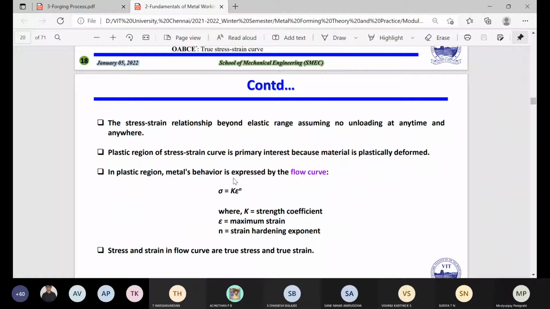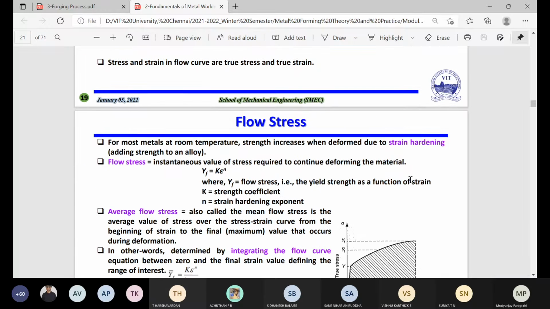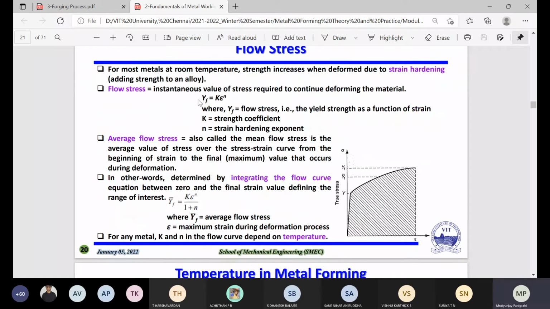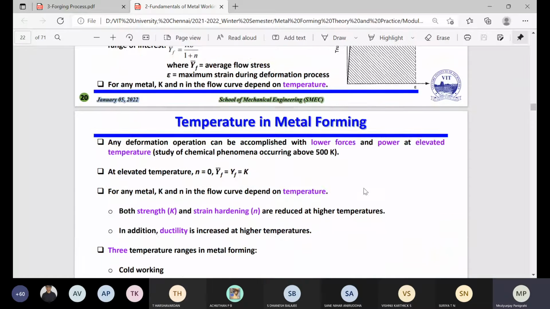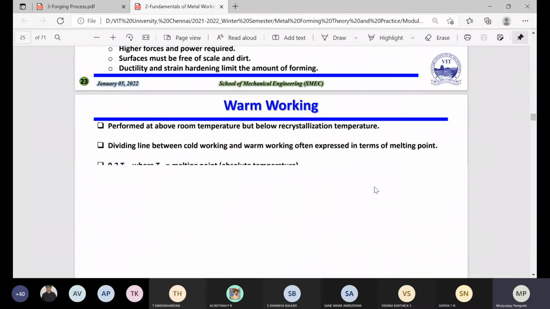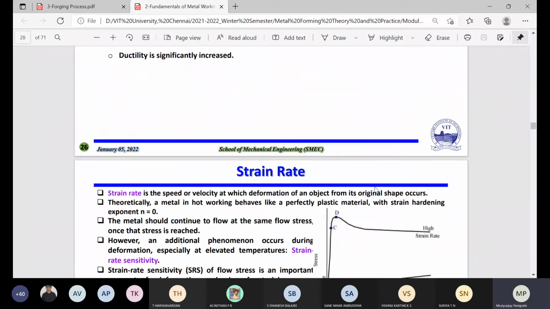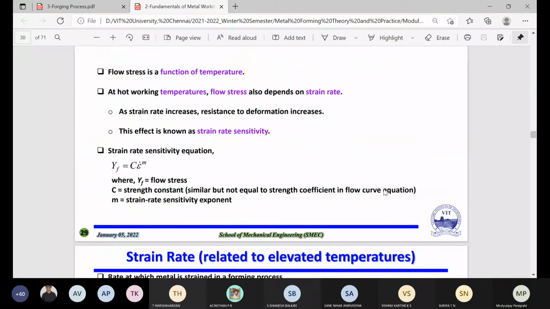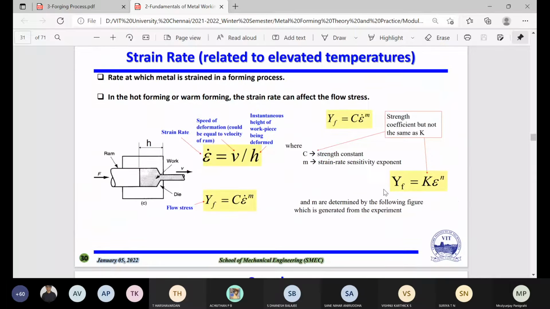Yeah, this one you can see. Maybe one more, I think we have it in pictorial also. Yeah, this one here.